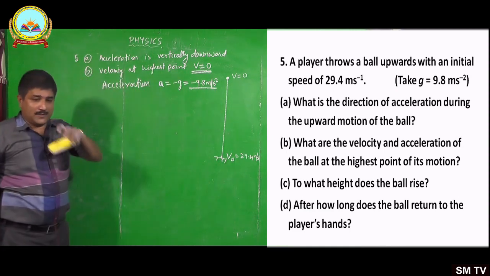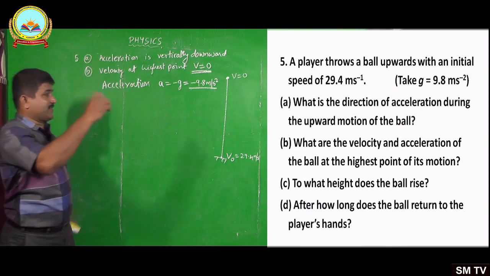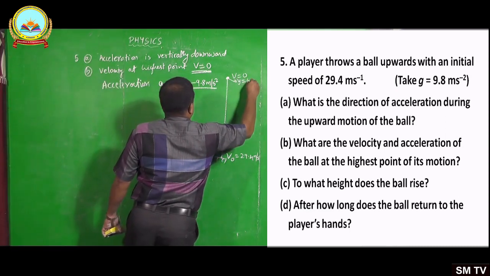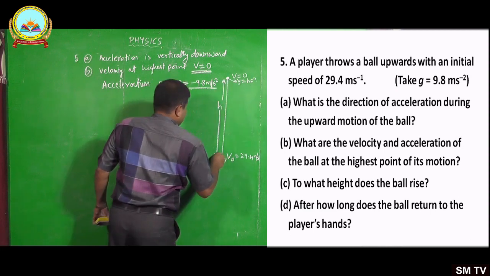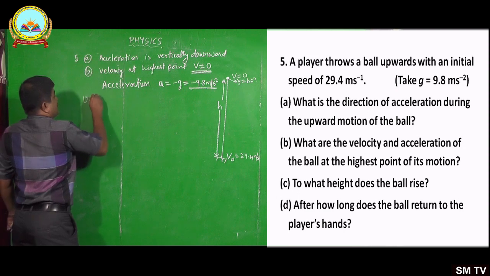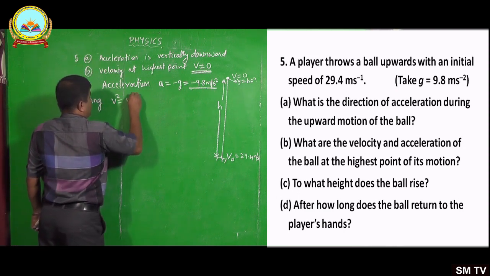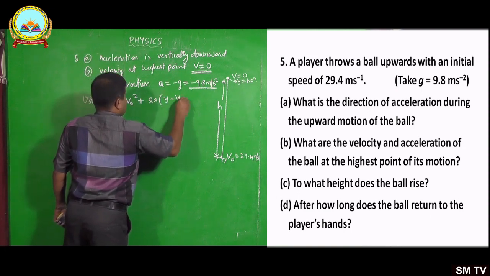Okay, so this is the answer. Then next, number 3: to what height does the ball rise? So the height to which it rises is asked. Here the final position y equal to h, I have to find out. So I will take the height as h like in the previous problem. Using v square equal to v naught square plus 2a times y minus y naught.